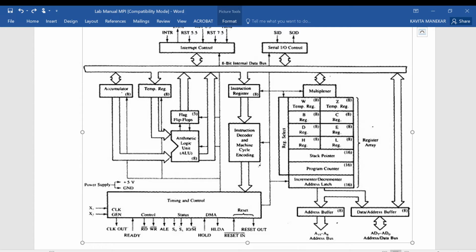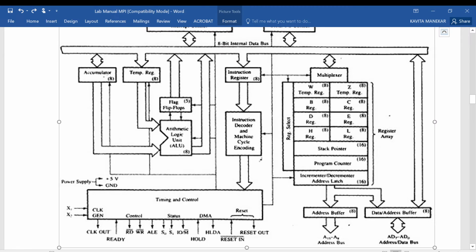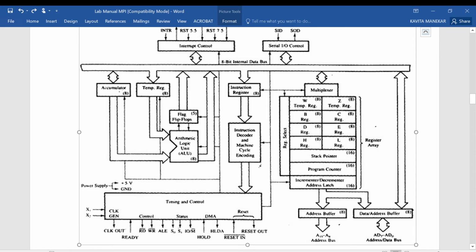This 16 bit address is stored in two parts: 8 bit as A0 to A7 and next 8 bit as A8 to A15. So we can see this address buffer of 8 bit and one more data address buffer which is carrying the first 8 bit of address.